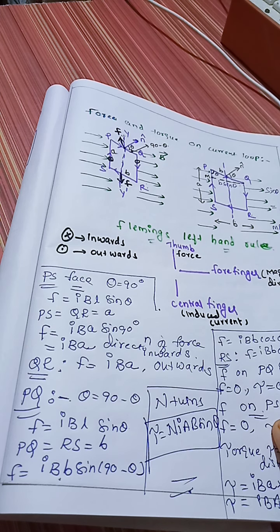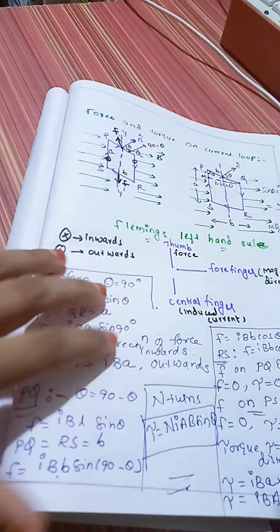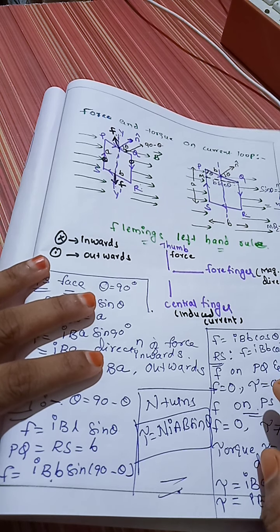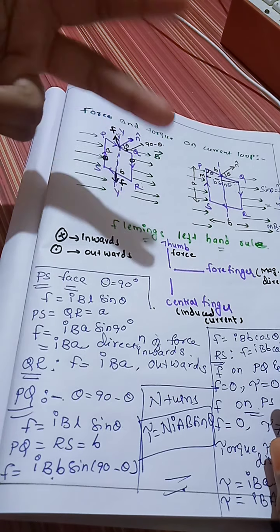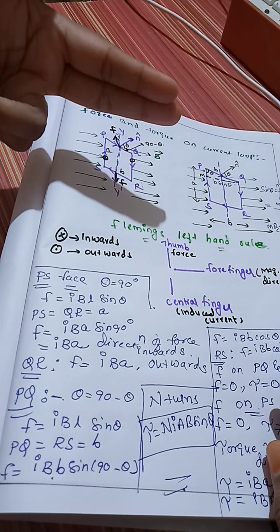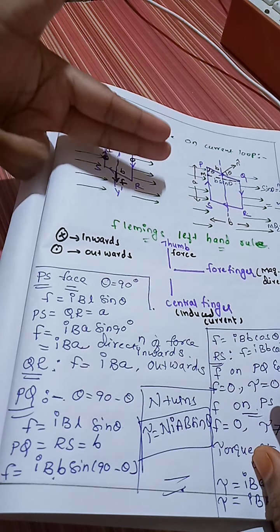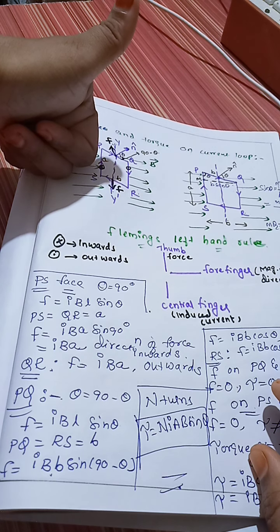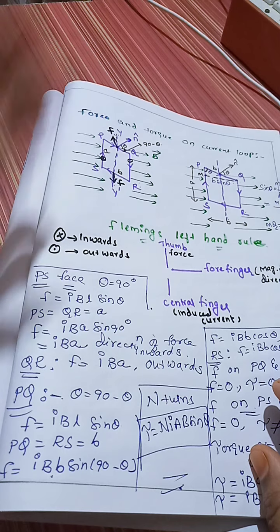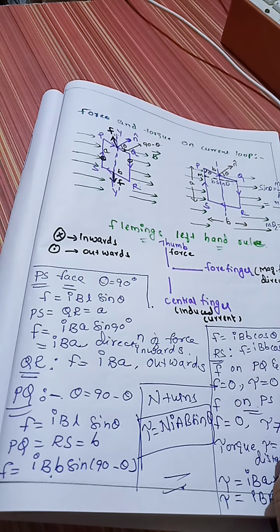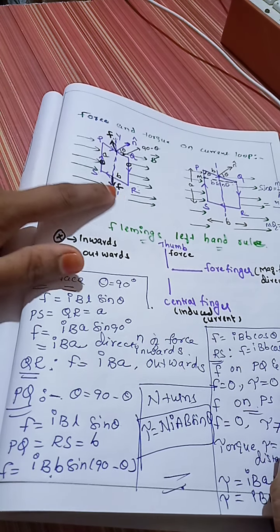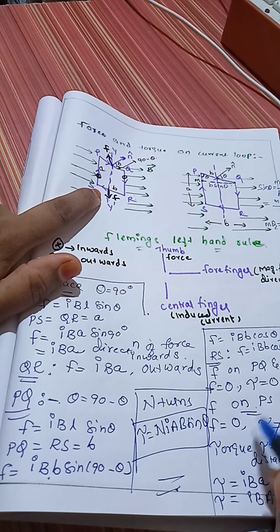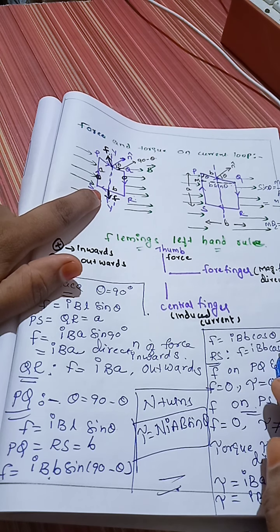So now that is IBB cos theta. Now if we go for the force direction, the current as well as this particular field direction are both in the same direction, and the thumb is pointing upwards. So the direction will be upwards. Now if we take the RS face also, here the force will be IBB cos theta.